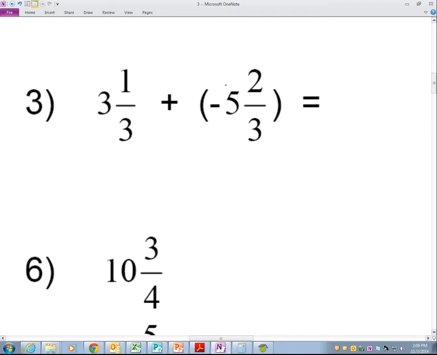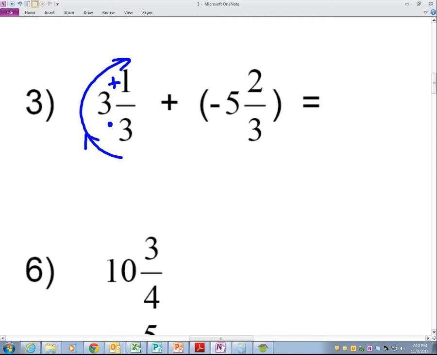Yeah. You multiply the bottom by the whole number, and then you add 3 and 1. So that times that plus that, right? Yeah.